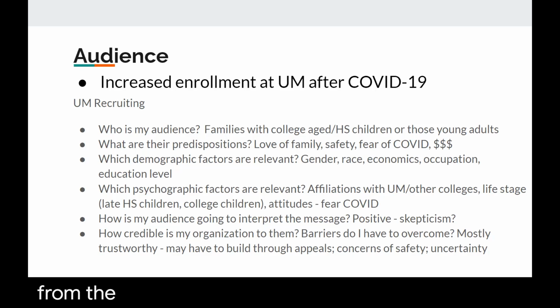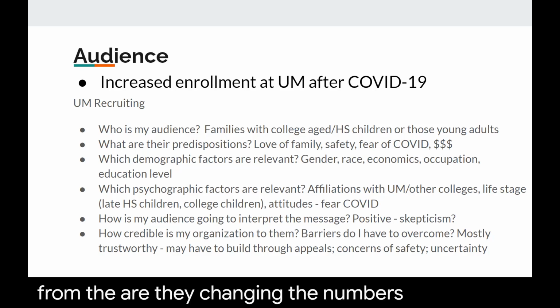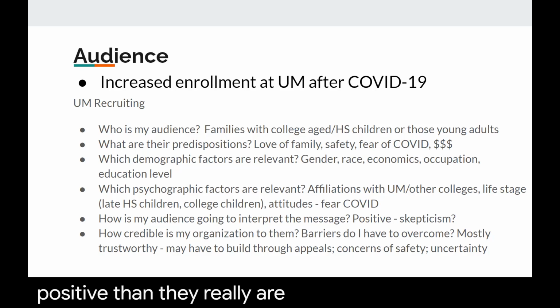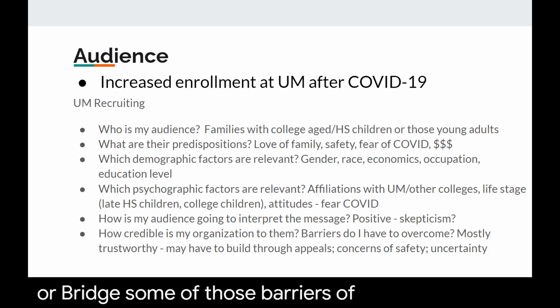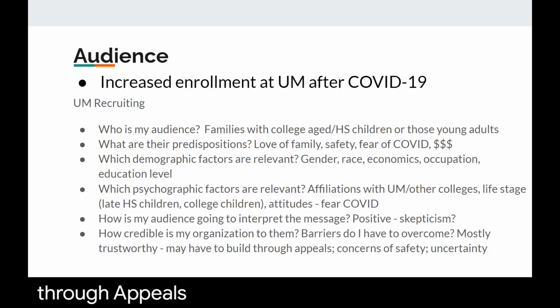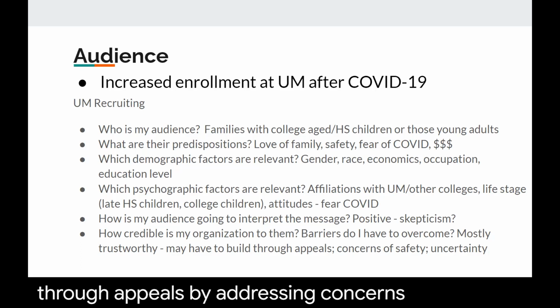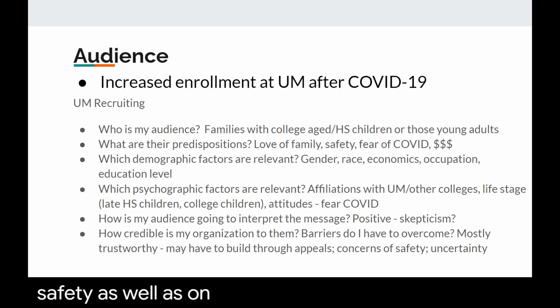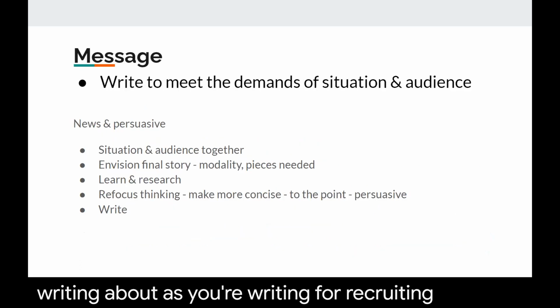So they're going to ask, are they changing the numbers to look more positive than they really are? So you may have to bridge some of those barriers of trustworthiness through appeals by addressing concerns about safety, as well as uncertainty about what the future holds. All of those things should be things that you're writing about as you're writing for recruiting.